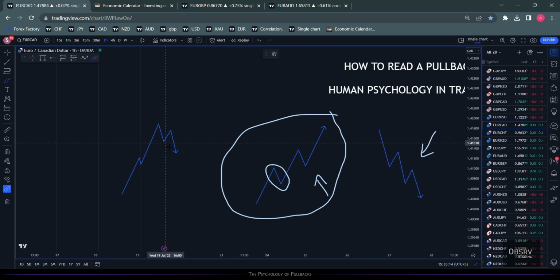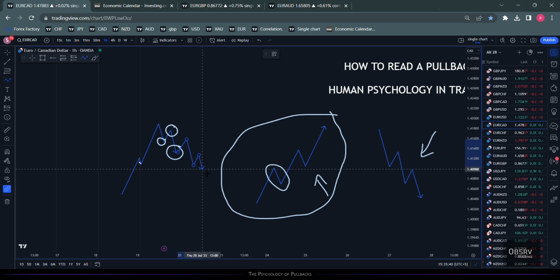Because until this point, you just have a higher low. From this low, you have a higher low. And until this point, you only have a lower high. You do not have a lower low. It's only when this piece right here happens that your pullback is actually beginning, right? So lower highs, lower lows, and that is going to be a downtrend.